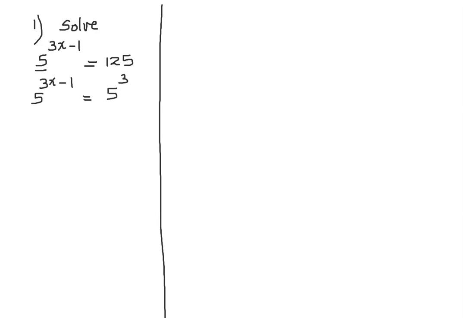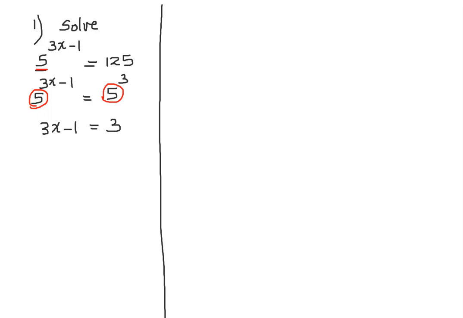You have to use your calculator and multiply 5 two times, three times, four times, and see which gives 125. So now we have the same base, so we use the equivalence property. If the bases are the same, then the powers are going to be the same.